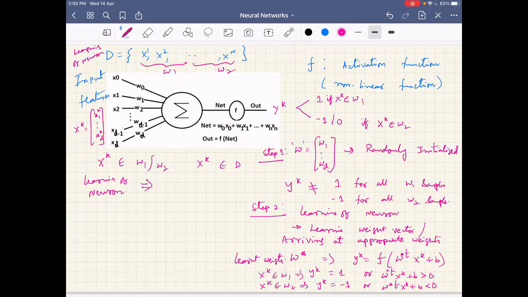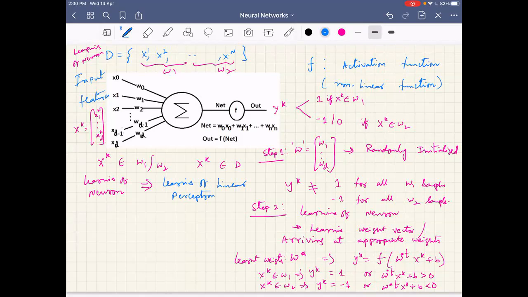Now the question is how to make this learning happen. You can see that this is exactly the same as what we are doing in linear perceptron. Thus, learning of neuron is same as learning of linear perceptron, which is already discussed. In fact, the earlier name of neuron itself is linear perceptron.